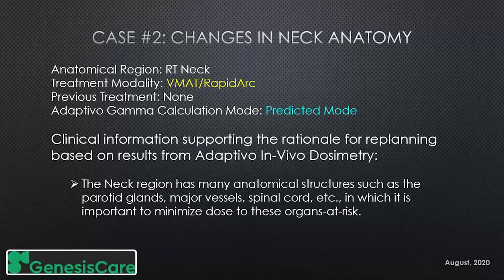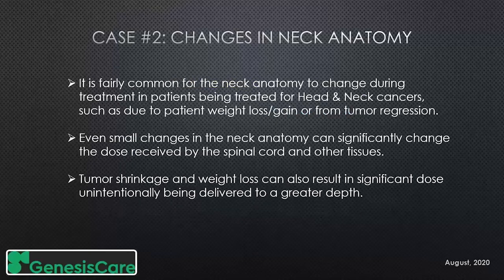The neck region has many anatomical structures, such as the parotid glands, major vessels, the spinal cord, etc., in which it is important to minimize dose to these organs at risk. It is also fairly common for the neck anatomy to change during treatment in patients being treated for head and neck cancers, such as due to patient weight loss or gain, or from tumor regression.